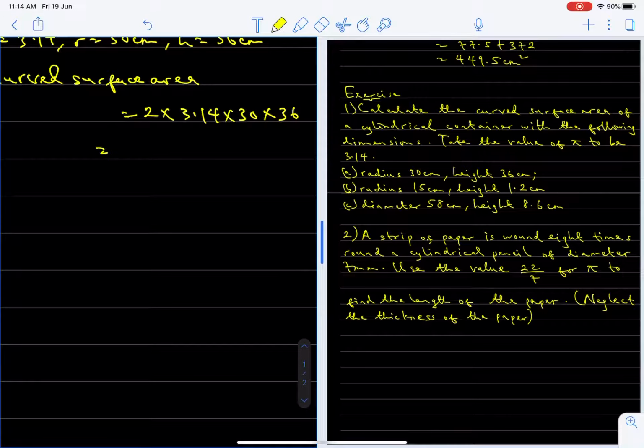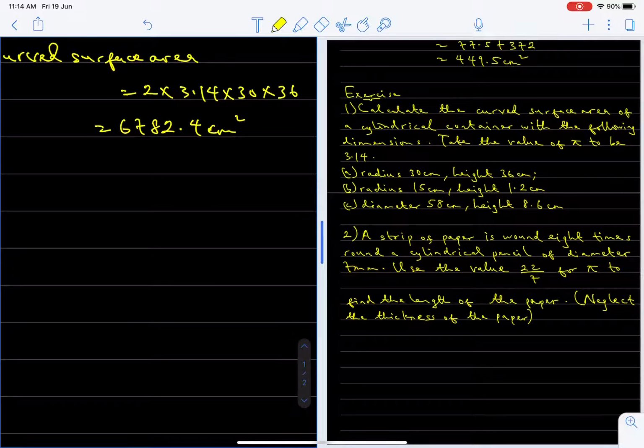And that means that 2 times 3.14 times 30 times 36. When you work that out, you get 6,782.4 centimeters squared. Don't forget that areas are always in square units.